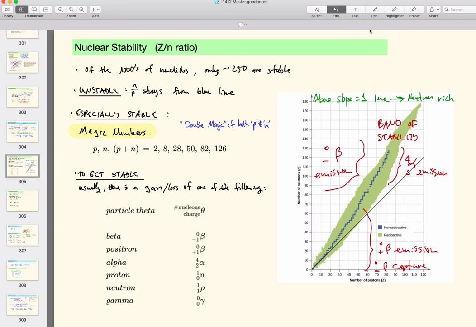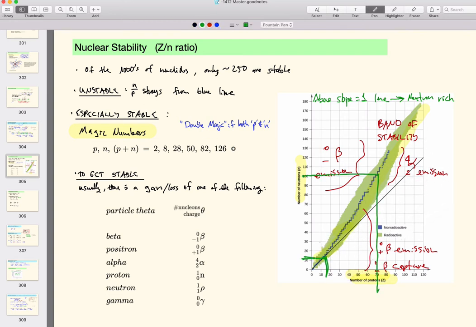A band of stability has been defined looking at the neutron to proton ratio of the different nuclides, shown in the green band there. As that ratio strays to the high side or the low side of that band, the nuclide might undergo degradative reactions in the effort to move back into the green zone.